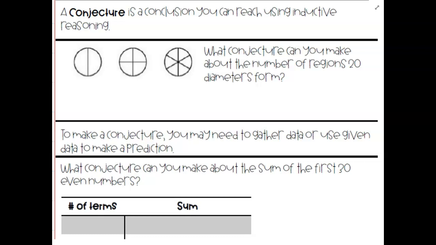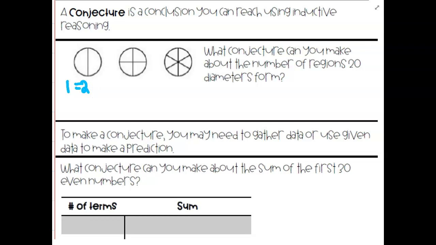So the first thing I need to do is look at my sequence and see if I can see what the pattern is. What I'm looking for is the relationship between the number of diameters and how many regions it creates. So this one has 1 diameter, and it creates how many regions? 2 regions.